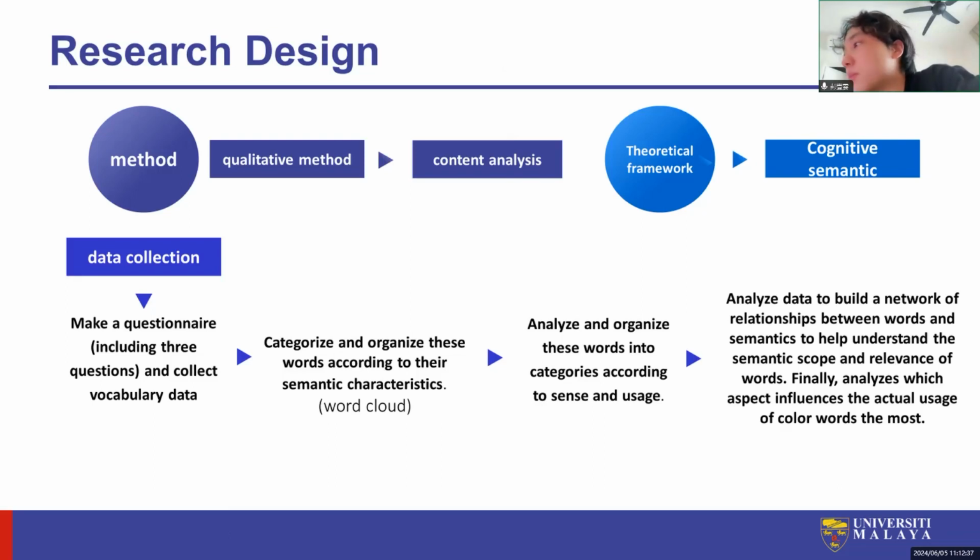The last step, we're going to analyze the data to build a network of relationships between the words and semantics to help understand the semantic groups and the relevance of words. Finally, we analyze which aspect influences the cultural usage of color words the most.